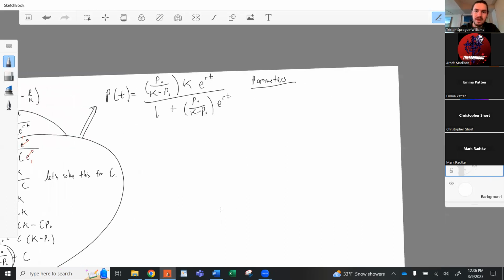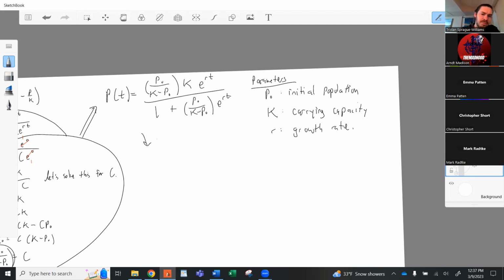We have P0, the initial population, K, the carrying capacity, and R, the growth rate. Yeah, those are all pretty meaningful things we should be able to work with.